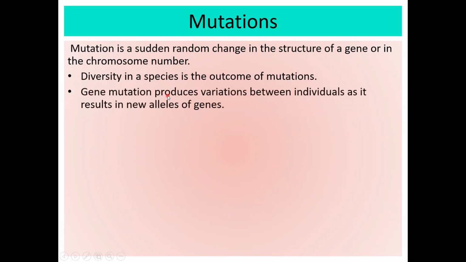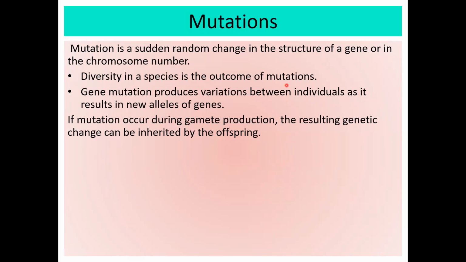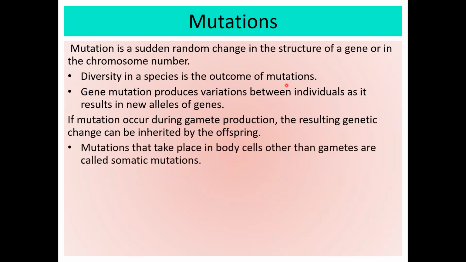And that is also responsible for diversity in the species. Mutation is responsible for diversity in the species, but mutation can also be responsible for some diseases such as cancer, sickle cell anemia, and Down syndrome.